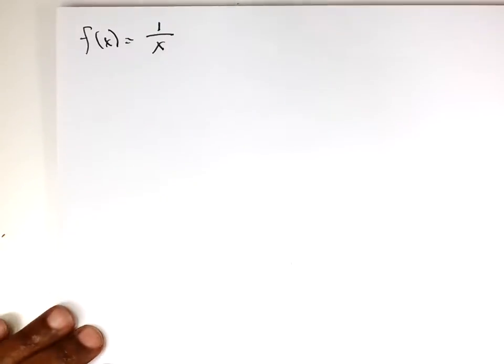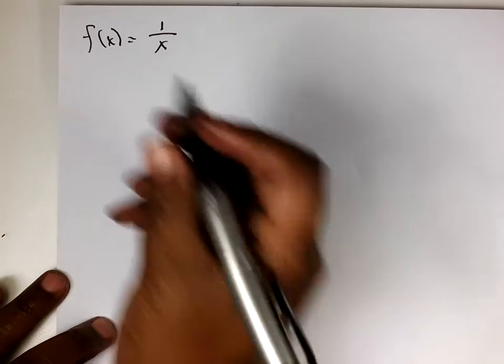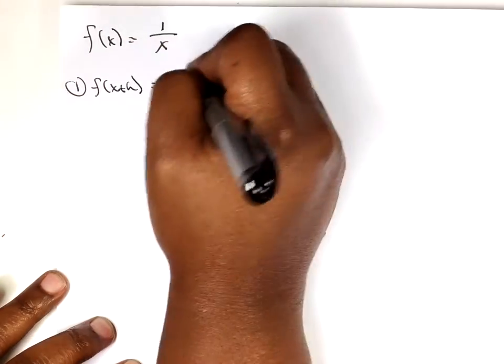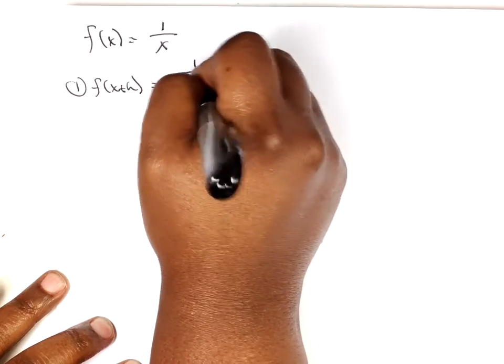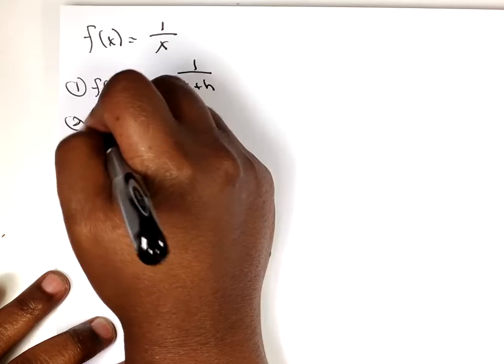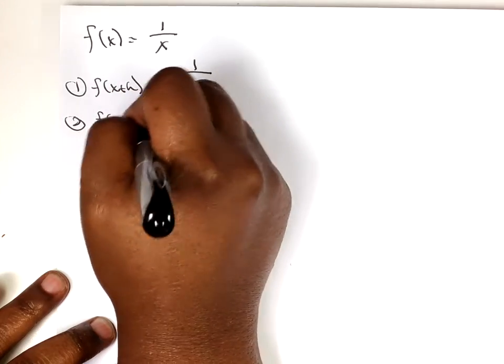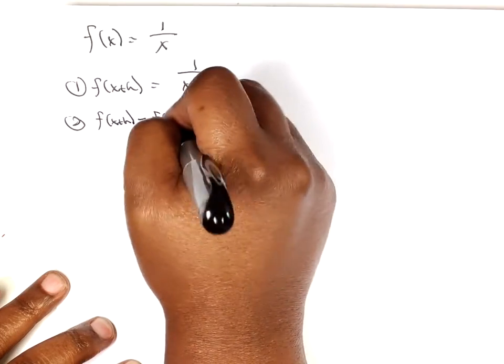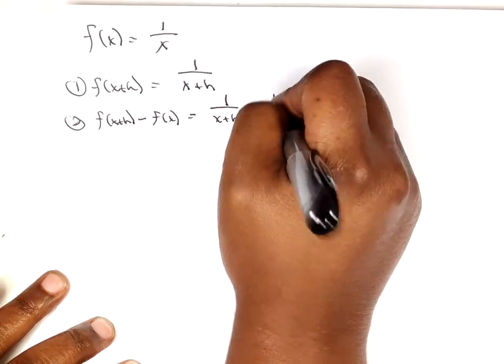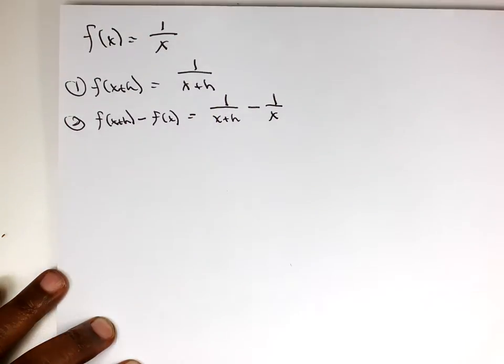My next example, I have f of x equals 1 over x. So f of x plus h equals 1 over x plus h. F of x plus h minus f of x is 1 over x plus h minus 1 over x.